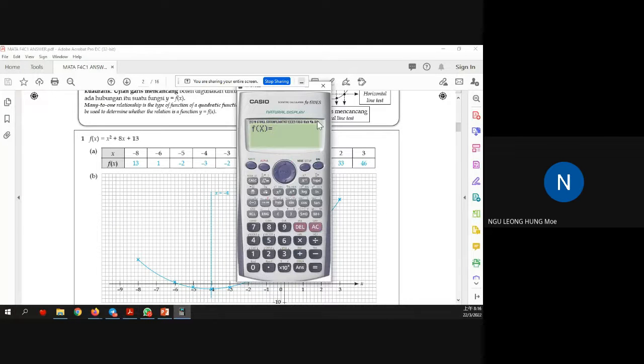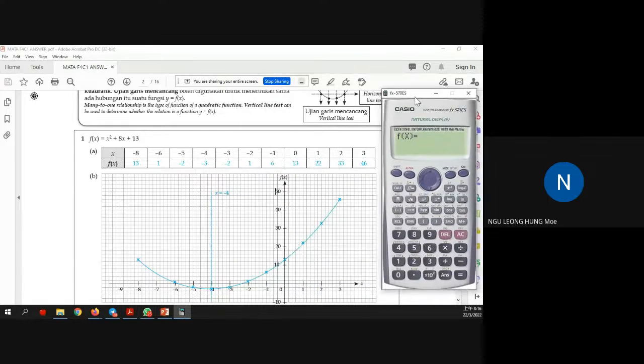All right. How are you going to press your calculator? First of all, any of you using the same calculator as me? If not, can you please reply me 2? You're using the black one, right?